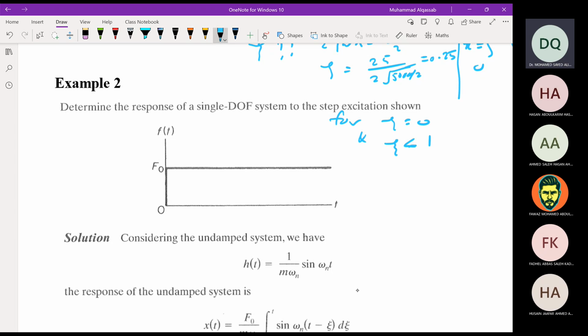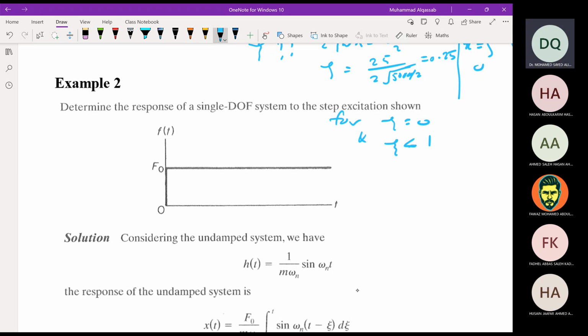Okay, so let me do it on this side. So x is equal to integration from 0 to t, and f of eta is F naught. And h of t for undamped is 1 over m omega n sine omega n t. And since here we have t minus eta, we replace t with t minus eta, d eta.